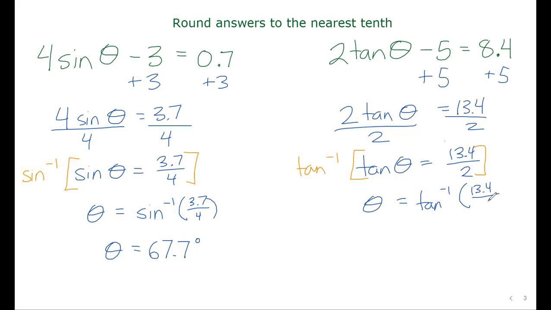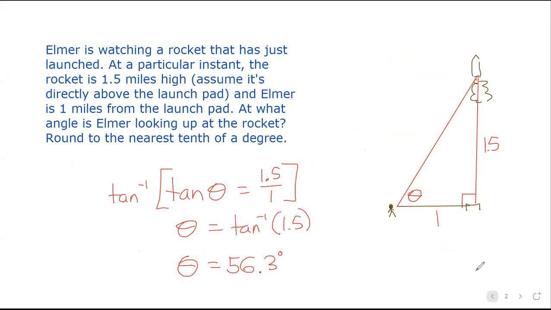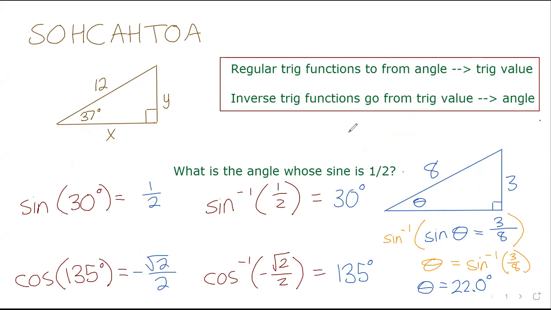So theta is inverse tangent of 13.4 over 2. And put it in your calculator, you will get theta equals, rounded to the nearest tenth, 81.5 degrees.